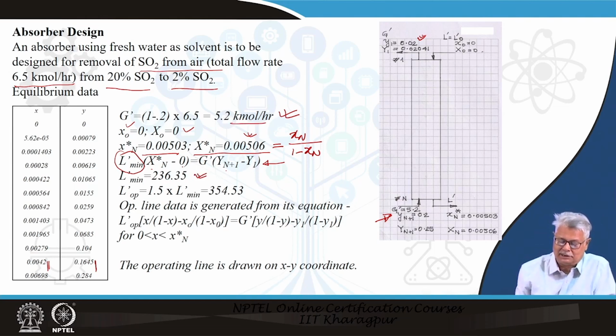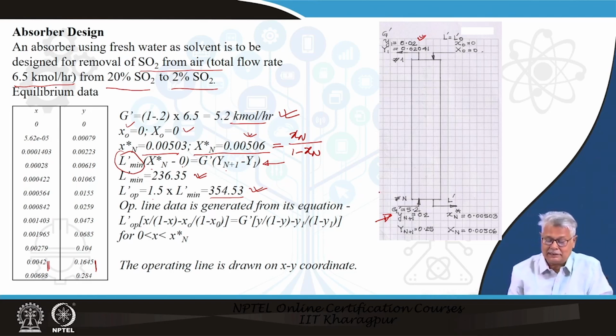Obviously I have not repeated the unit here. What we consider now is that my operating L is going to be 1.5 times the L dash minimum, and we get simply 236.35 multiplied by 1.5 gives me 354.53.